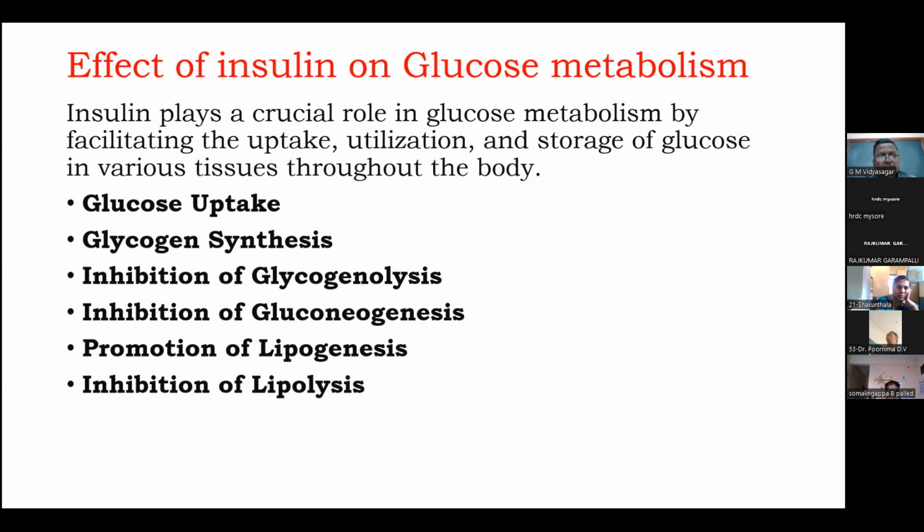And next one is the promotion of lipogenesis. Insulin stimulates the conversion of excess glucose into fatty acids through a process called lipogenesis. Then another last one is the inhibition of lipolysis. Insulin inhibits the breakdown of stored triglycerides into fatty acids and glycerol, known as lipolysis.